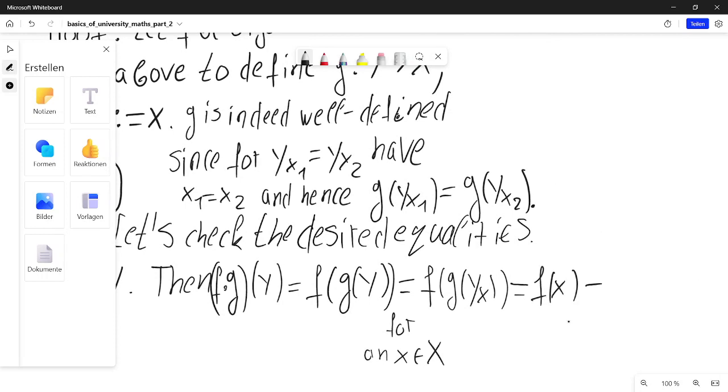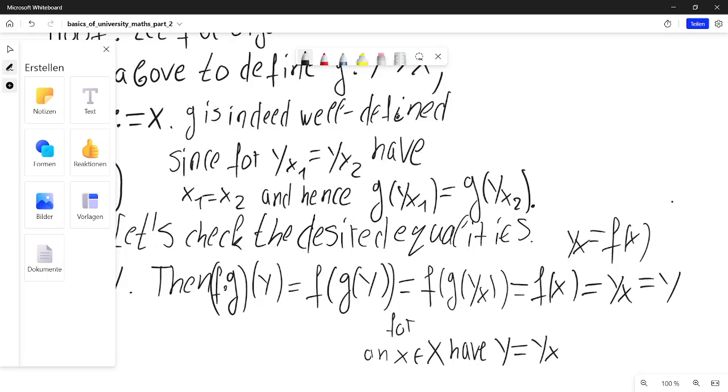So we have f of x. But now recall the properties of what we had above. And that's exactly that. So that's y_x. That's equal to y, for x and x we have. Sorry that I'm writing here and here.